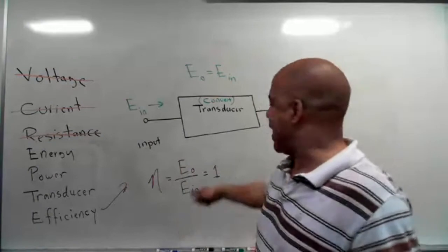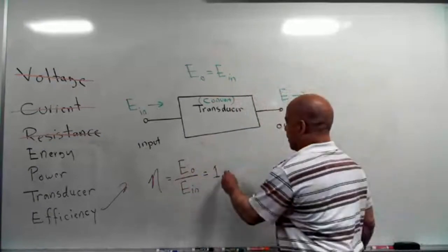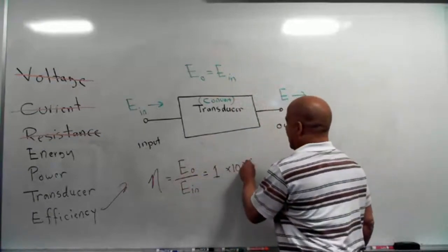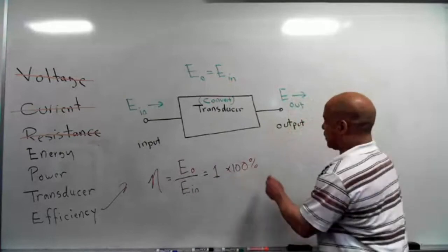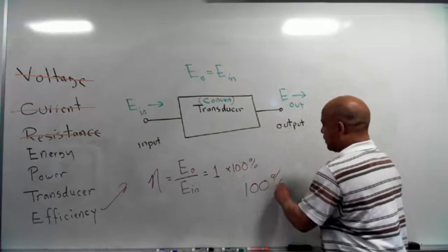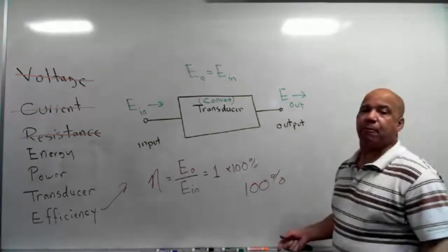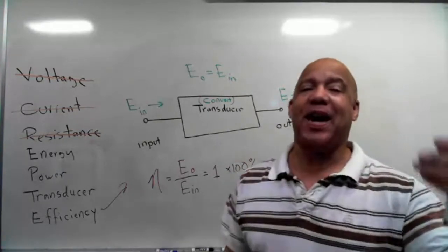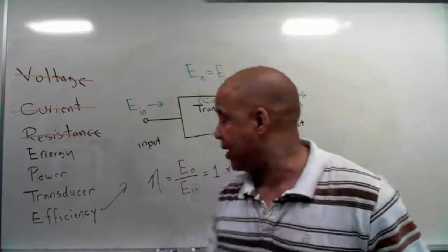Now what happens is when they calculate this, sometimes they'll multiply this by 100%, and they'll look at efficiency as a percentage. So that's why, I don't know who answered the question, but he said it'll be 100% efficiency. 100%, I'm so tired. It will be 100% efficient.